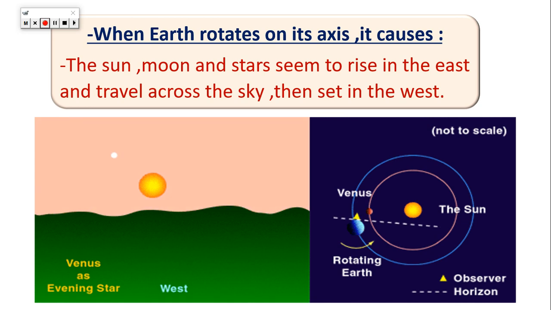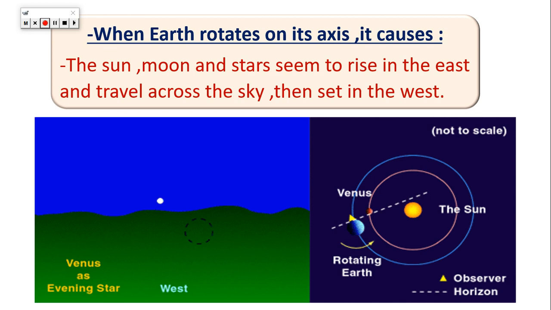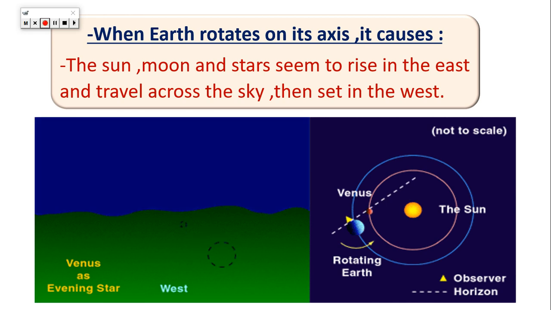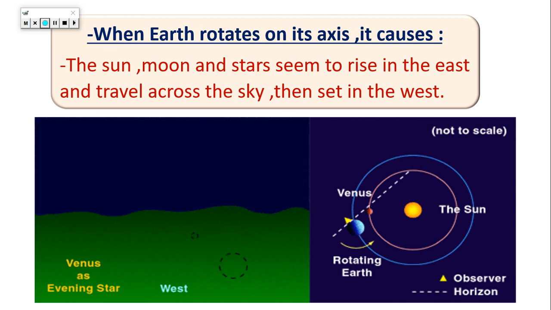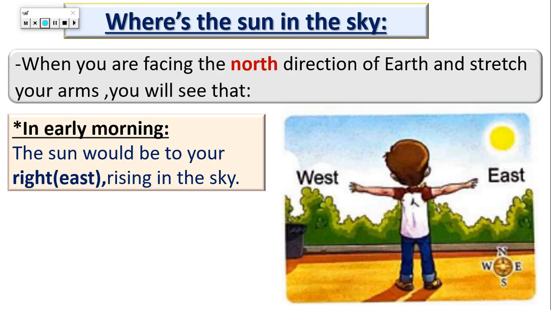When the Earth rotates around its axis, as we said before, the sun, moon, and the stars seem to rise in the east and travel to the west. Where is the sun in the sky? At first, we must know that the sun rises in the east and sets in the west.